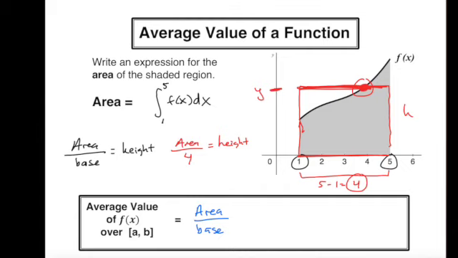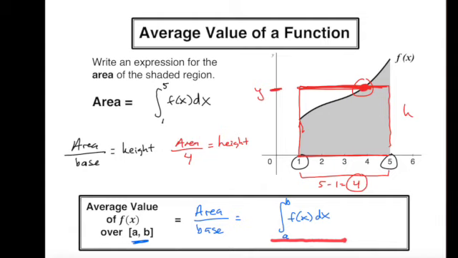Okay, and how do you do that in calculus? That's going to be finding the area over the interval a to b, which would be the definite integral from a to b of f of x dx, and then we would want to divide it by the base.